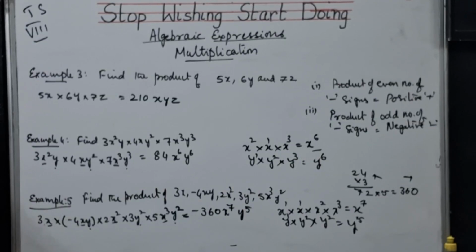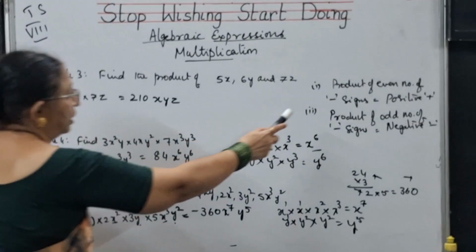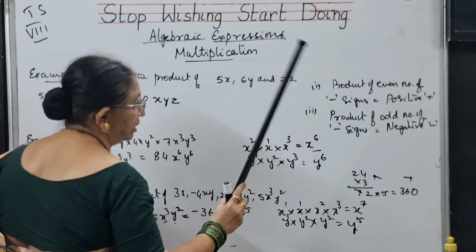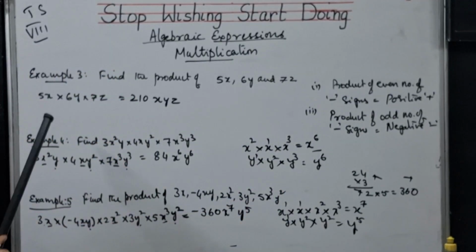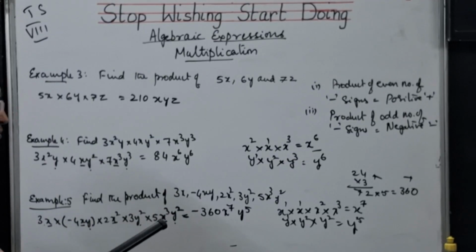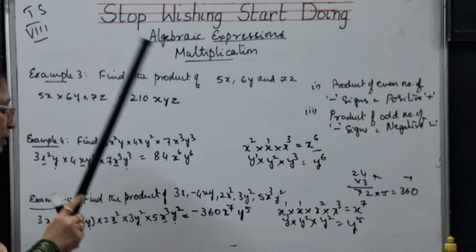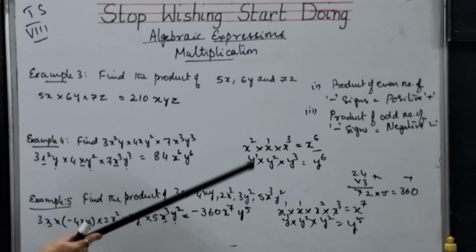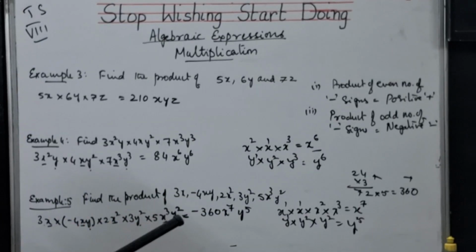See here I have written: product of an even number of negative signs. If you are multiplying in the given problem and you have got an even number of negative signs, means you count how many negative signs there are, that answer will always be positive. And for the product of an odd number of negative signs, in the answer you need to keep minus.